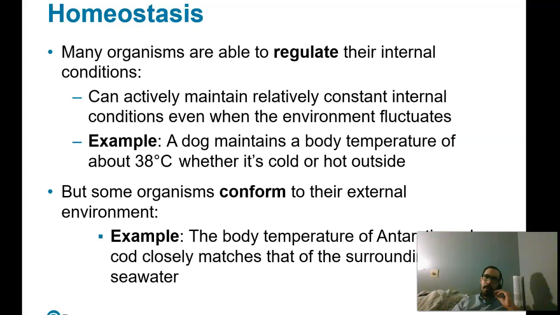Heat always moves downhill, from high to low, so it would lose a lot of heat to the surrounding water, and that requires energy. Just keeping that engine going requires a lot of energy. So the adaptation here is just to conform and keep the body temperature the same as the environment.